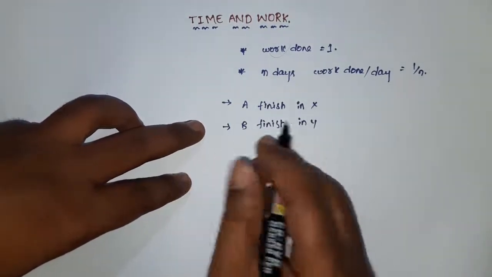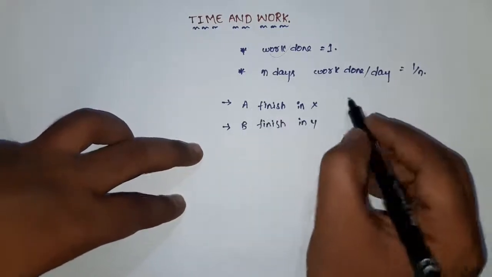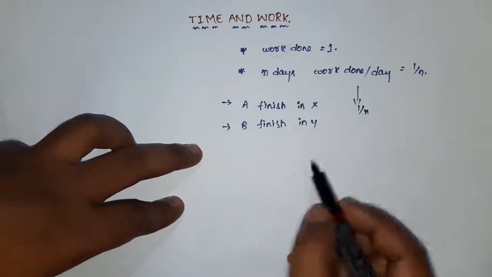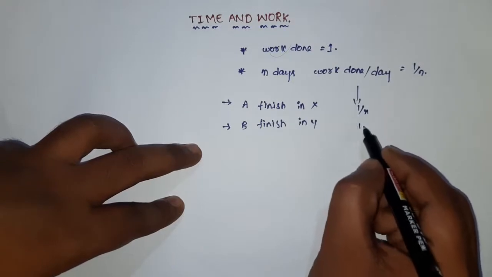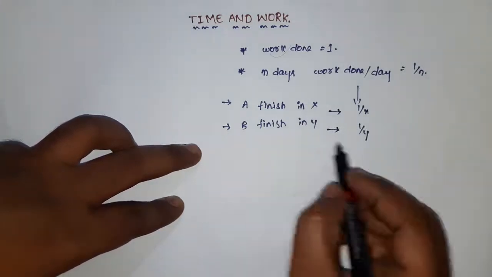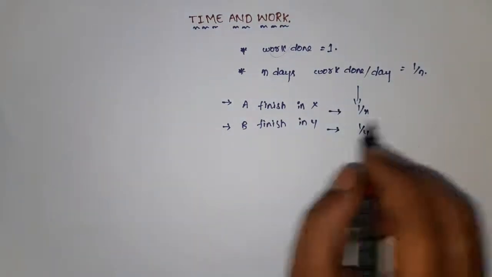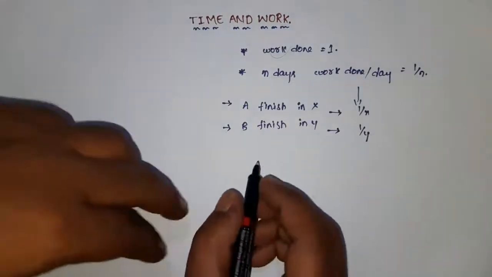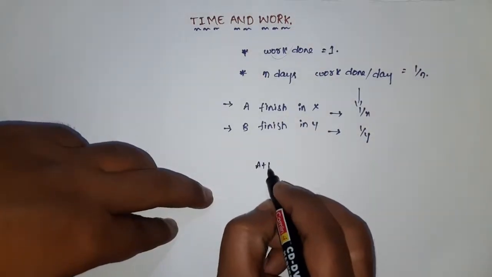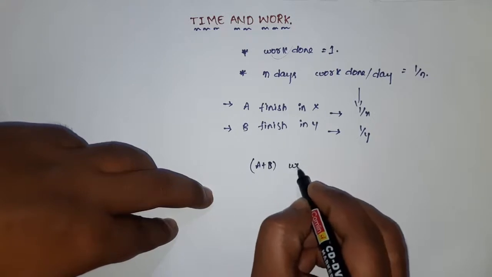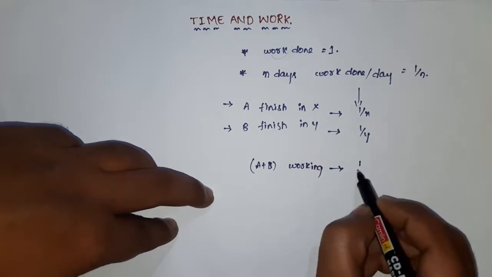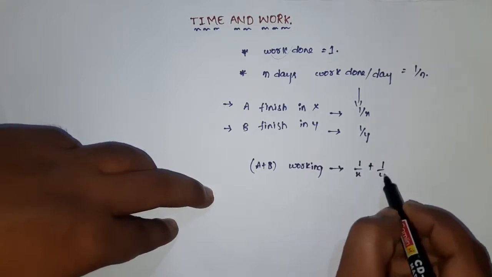The amount of work done by A in a day is 1 by X. Similarly, the amount of work done by B in a day is 1 by Y. So if A plus B are working together, the amount of work done per day will be 1 by X plus 1 by Y.